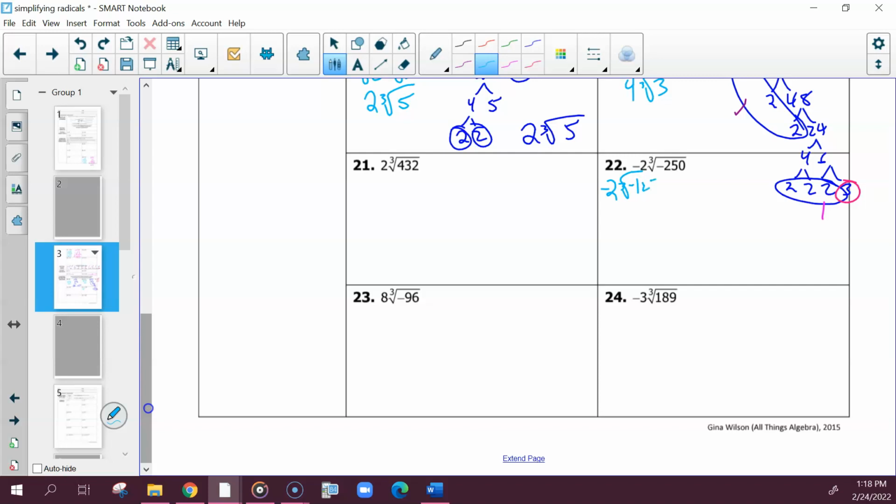Put the negative with whichever is a perfect cube, so it comes out, and then multiply that by the cube root of 2. The cube root of negative 125 would be negative 2 times negative 5 times the cube root of 2. Then we'd have positive 10 times the cube root of 2.